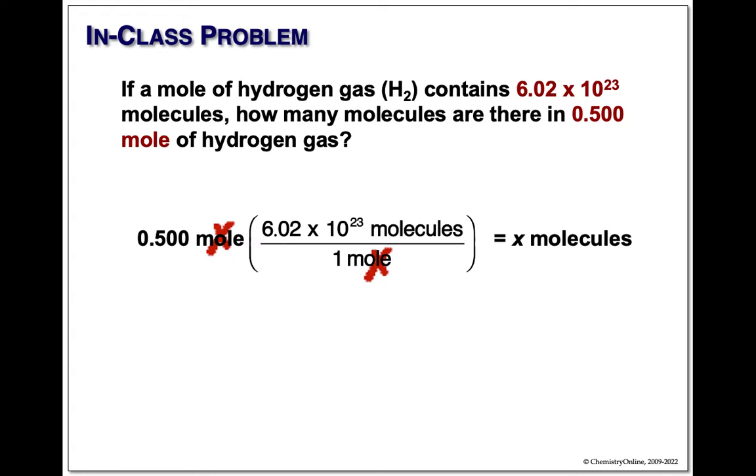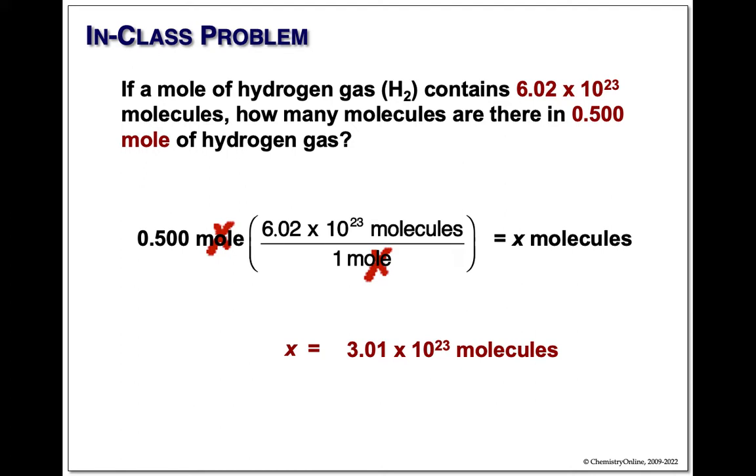Do our calculation. 0.5 times 6 times 10 to the 23rd is 3 times 10 to the 23rd. That's why I wanted you guys to do the exponent tutorial, to really get used to using big numbers on your calculator.